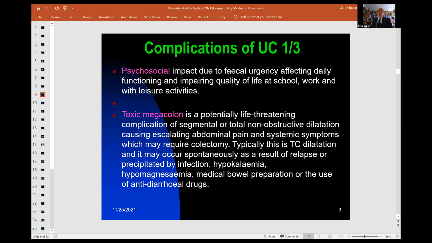So there are several complications of ulcerative colitis. I would enumerate them in terms of how we see them rather than how severe they are.